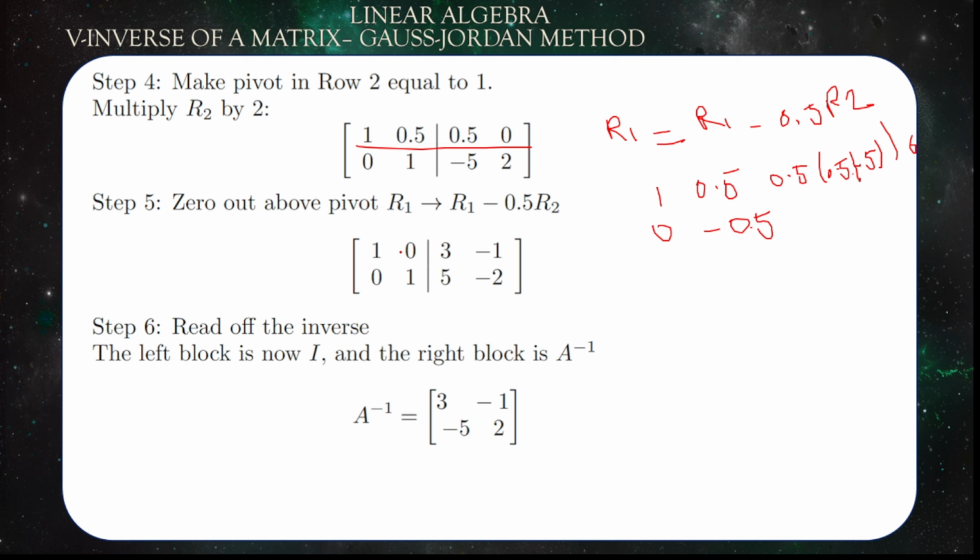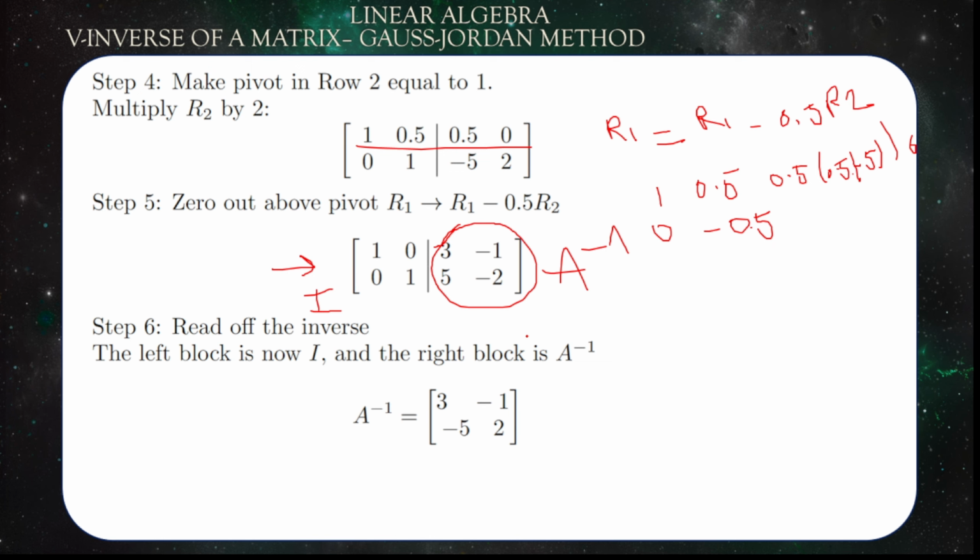Now what we get is 1, 0, 3, minus 1, 0, 1, minus 5, 2. Notice something: the left side has become the identity. So the identity matrix has shifted from right to left, and what we end up with to the right is simply the inverse matrix A minus 1.